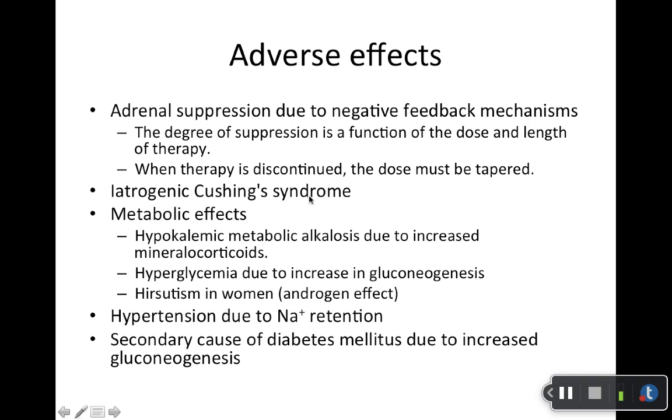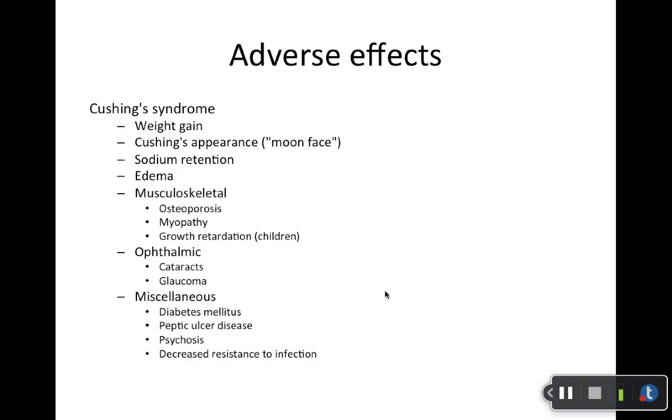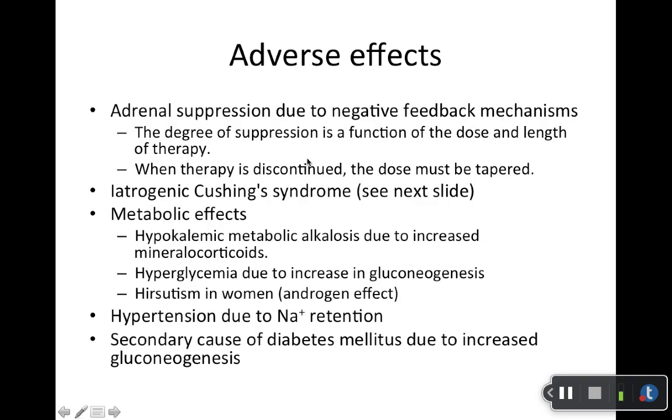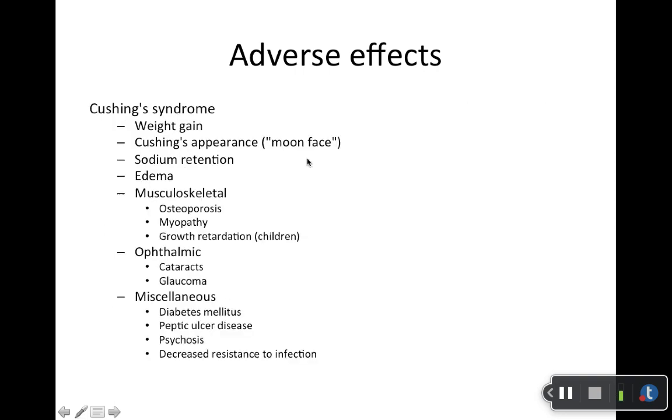Other than that, you can have Cushing syndrome as an adverse effect, which is going to be huge here. Cushing syndrome is a big deal, so I added an extra slide to remind you. On the next slide, Cushing syndrome is what we're talking about when we say the adverse effect can be Cushing syndrome.